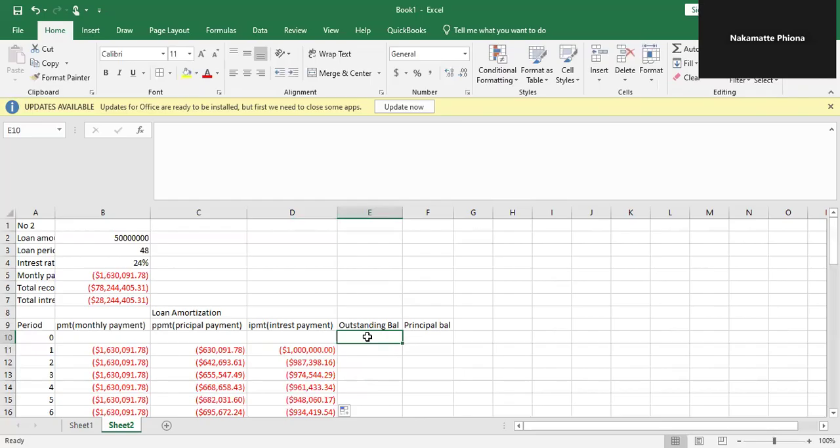In our outstanding, it is the total recovery here minus the monthly payment.